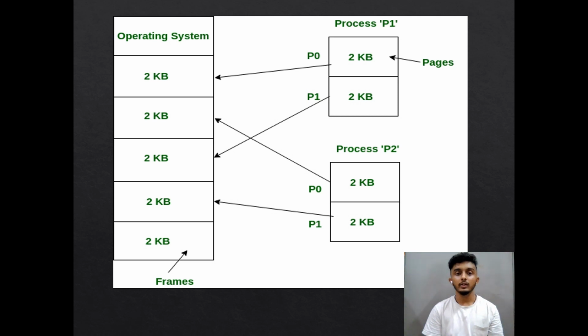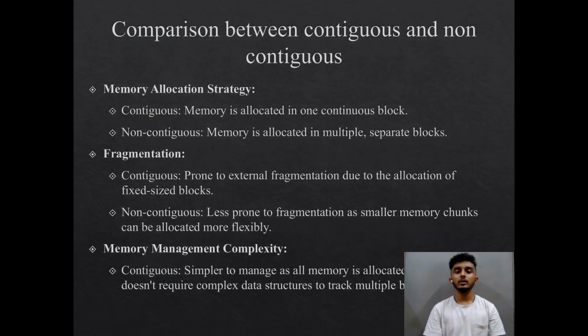Now let's look into the design of non-contiguous memory allocation. It's scatteredly arranged. Now let's look into the comparison between contiguous and non-contiguous. Memory allocation strategy. Contiguous: memory is allocated in one continuous block.